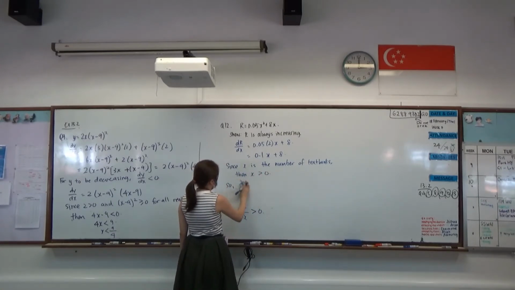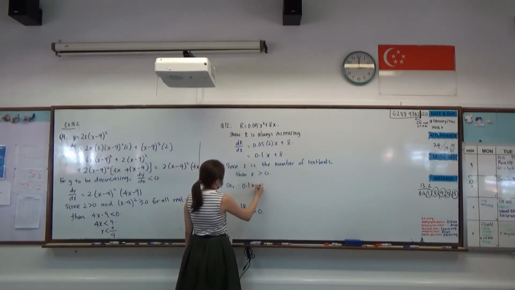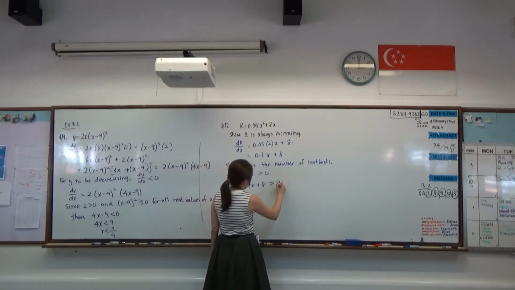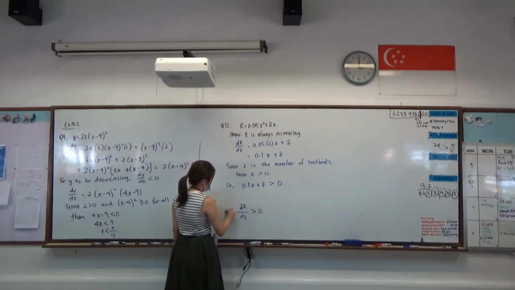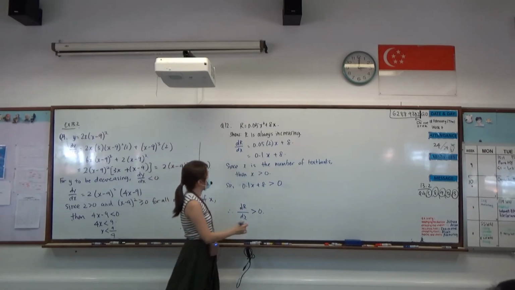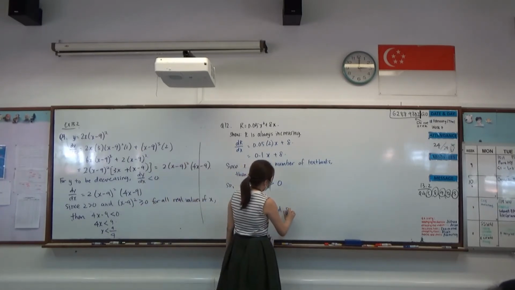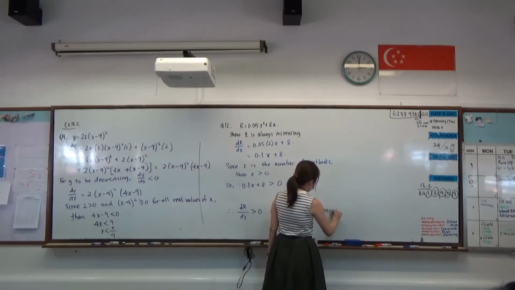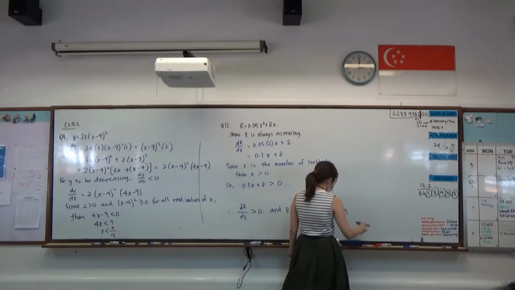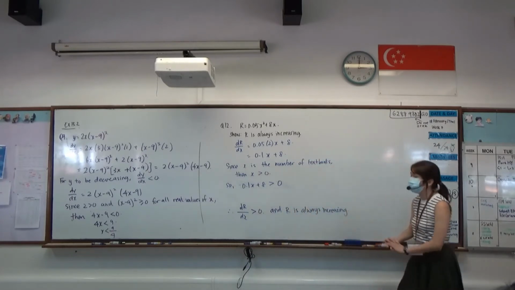So 0.1x plus 8 is more than 0. Therefore, dR over dx is more than 0 and R is always increasing. Okay?